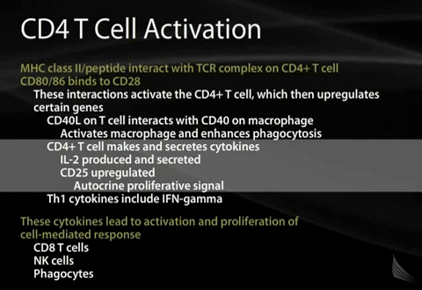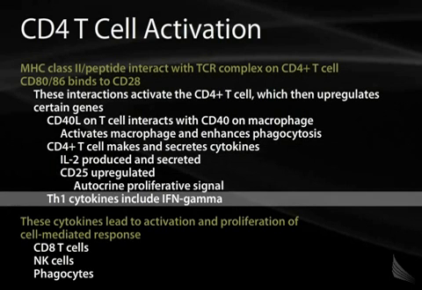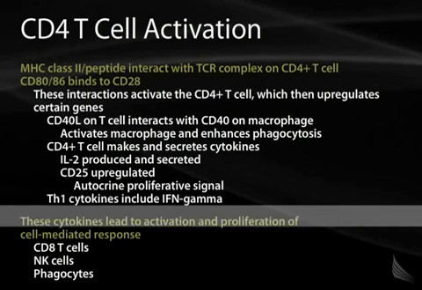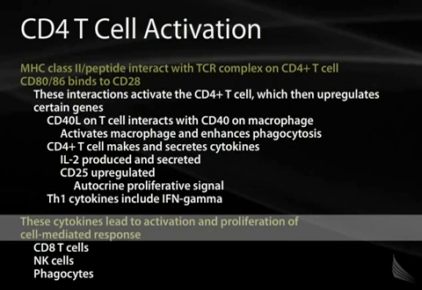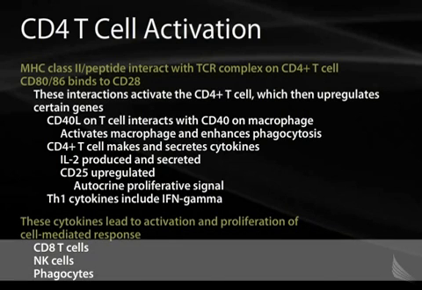It can make and secrete cytokines such as IL-2, and it will also upregulate its expression of CD25, the IL-2 receptor. This causes an autocrine proliferative signal. Th1 cytokines that are being produced at this point include interferon gamma. These cytokines lead to activation and proliferation of cell-mediated responses. So T helper 1 cells are involved in cell-mediated responses. CD8 T cells, NK cells, phagocytes, all activated.